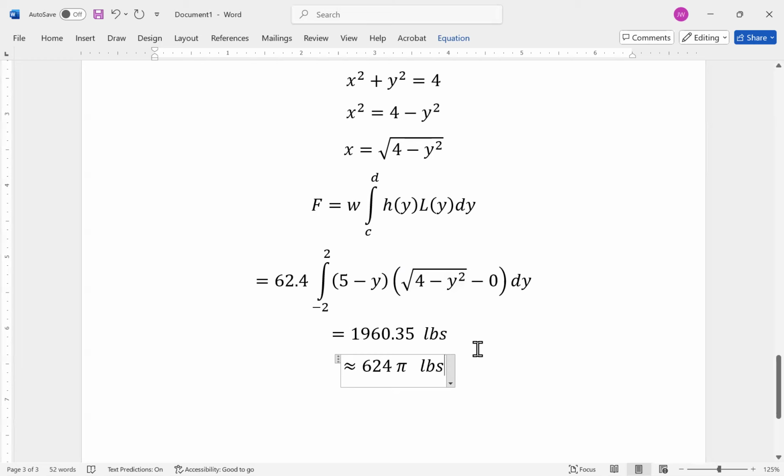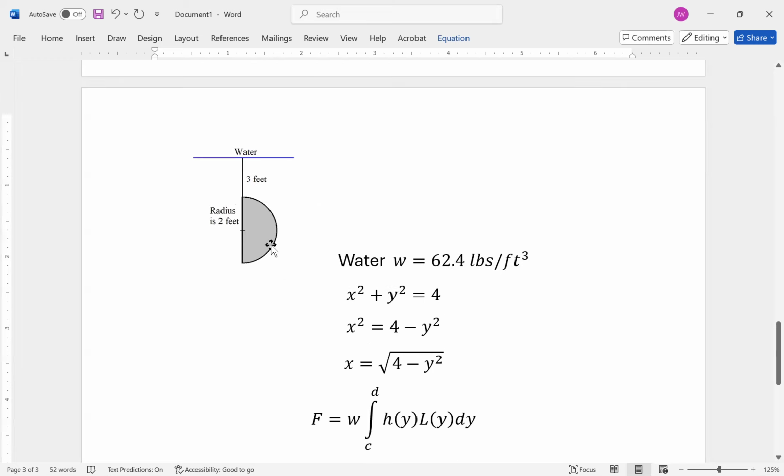And with the same argument I had from before, remember that if we're talking about center of mass, well, the center of mass of this circle is going to go right through the center of the circle. So what would the depth be? The depth would be 5.